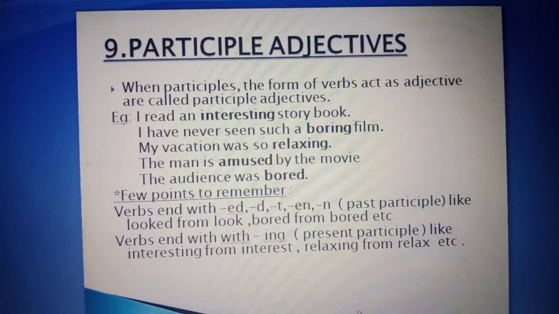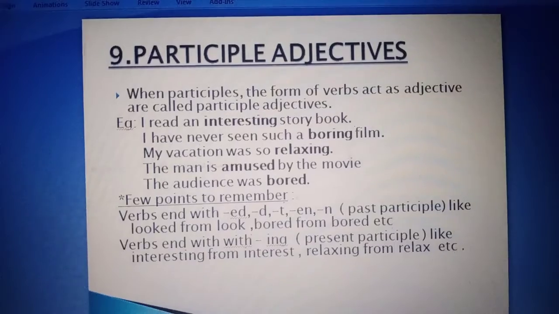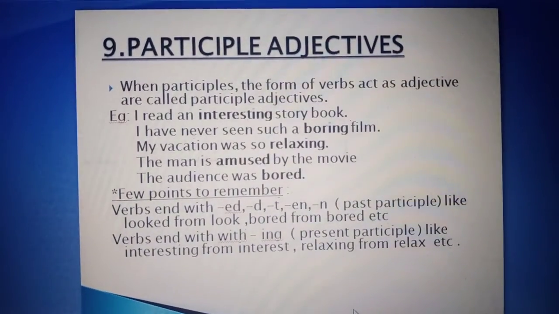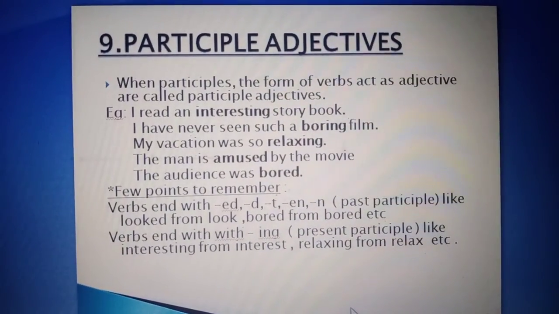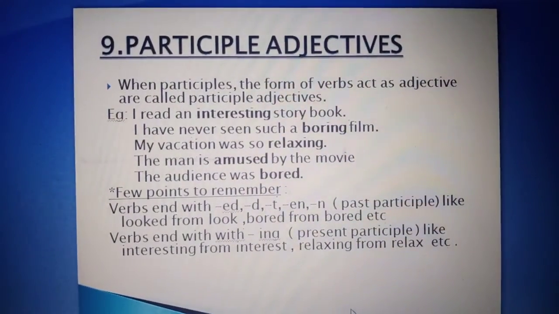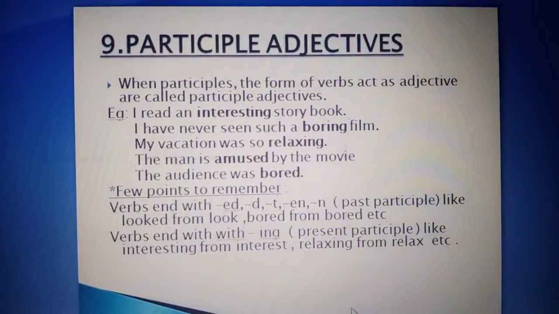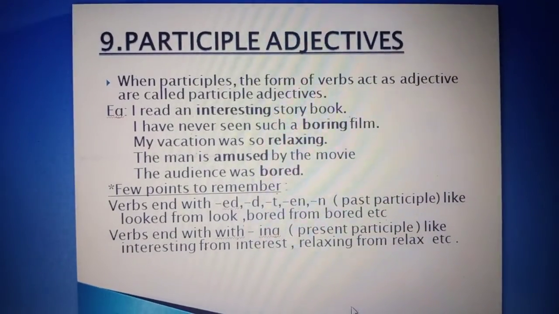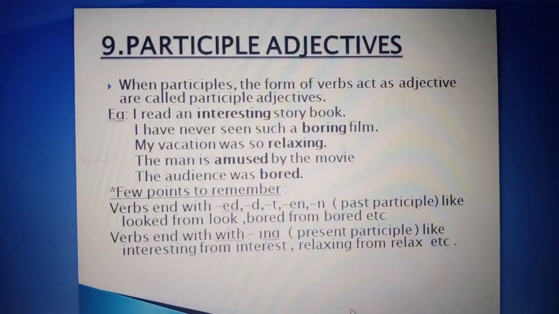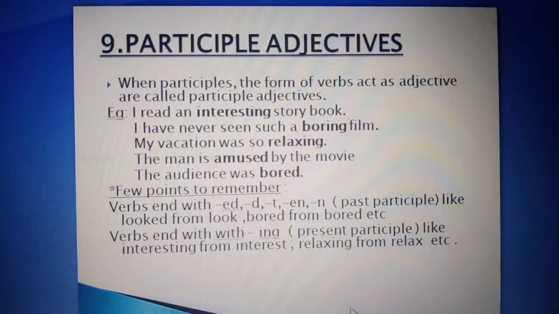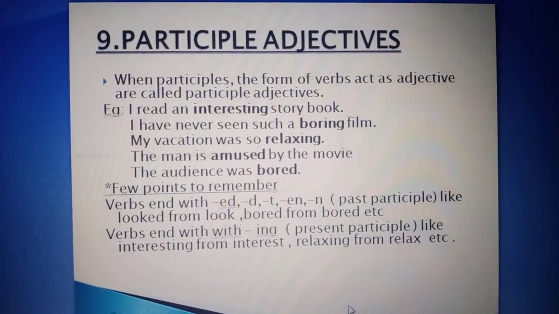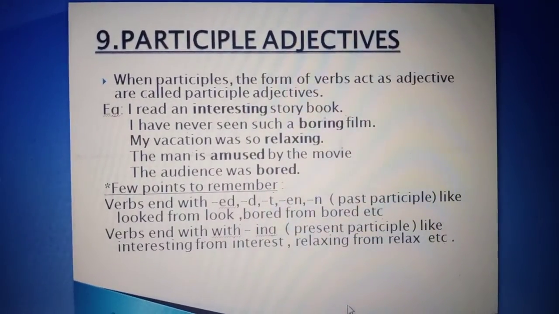Past participle ends with ed, d, t, en or n, which I have mentioned at the bottom in the slide, and present participle is the verb which ends with ing. So when these participles, either past or present, act as adjective, they are called participle adjectives.